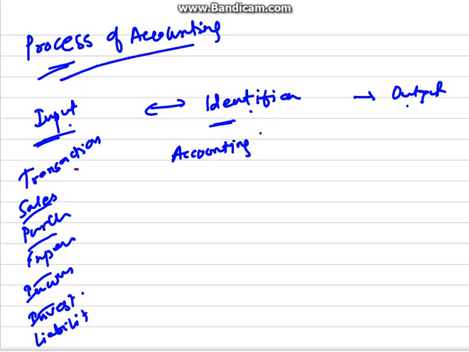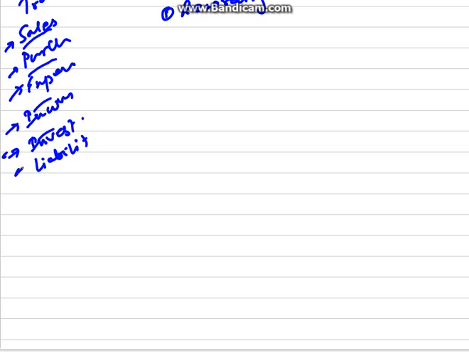Now in the accounting cycle, first we record the transaction, right? So what transactions has a firm done? A firm will undergo different kinds of transactions, that is sale, purchase, investment, expenses, receipt, payment, voucher, journal, contra, etc. The next stage would be recording.